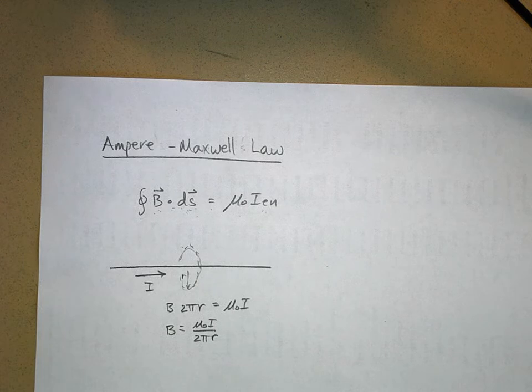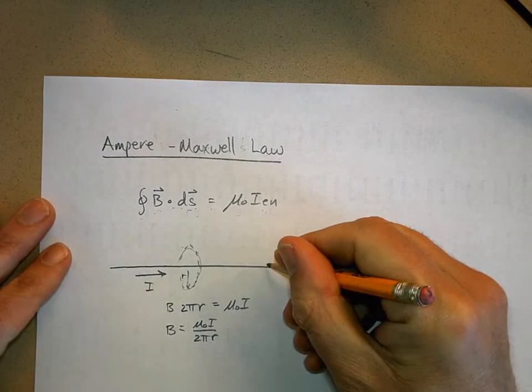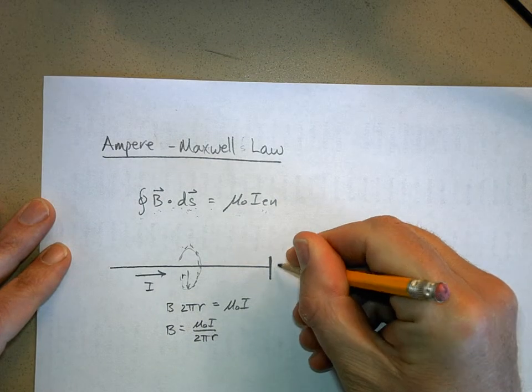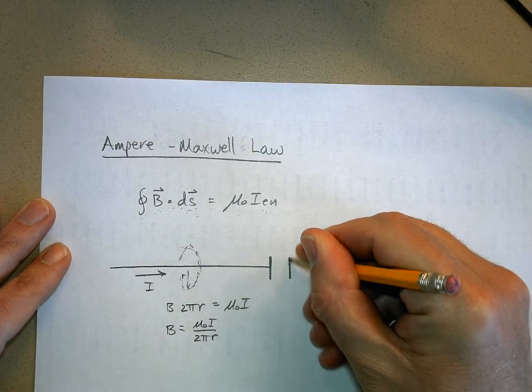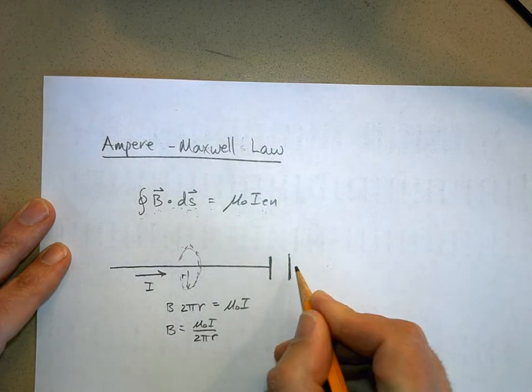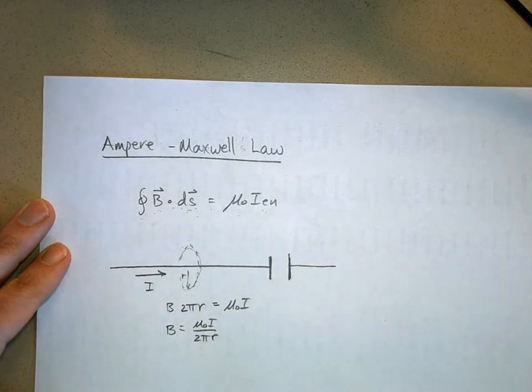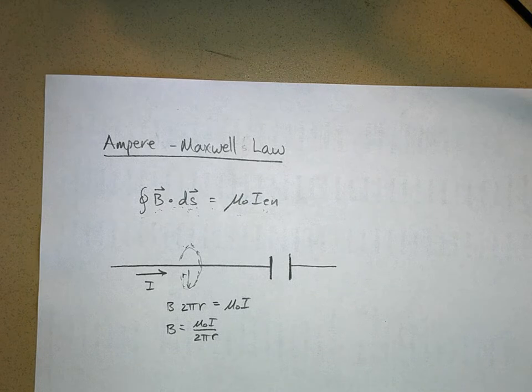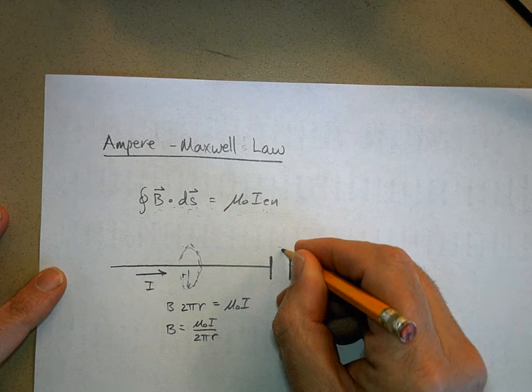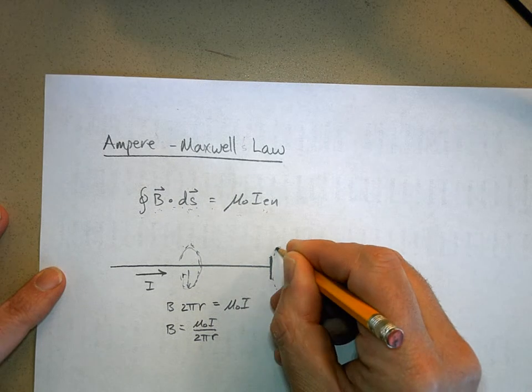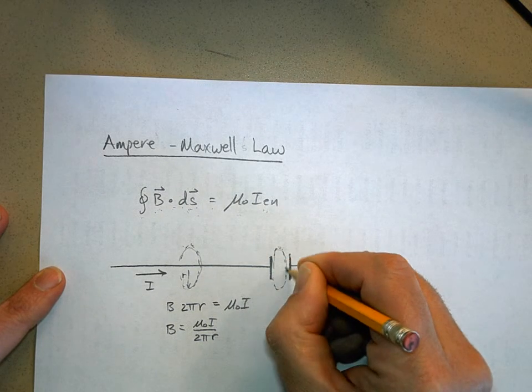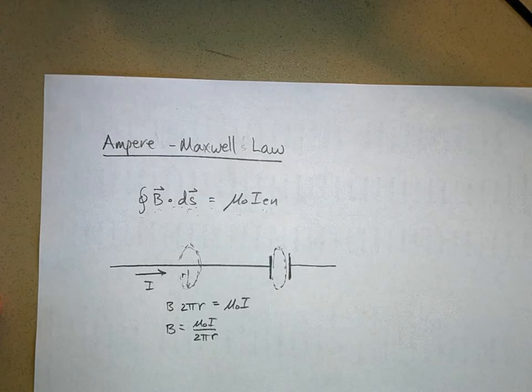Then Maxwell said, but look, what if you hooked up a capacitor to this? Now really start thinking and waking up here, because this is the key part. Let's put a capacitor in here. I'll leave some room in there to make it easier to draw. If I draw my Amperian loop right here, there's no current through that loop anymore.